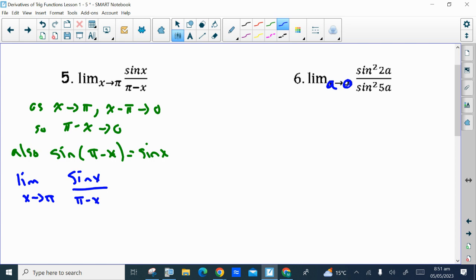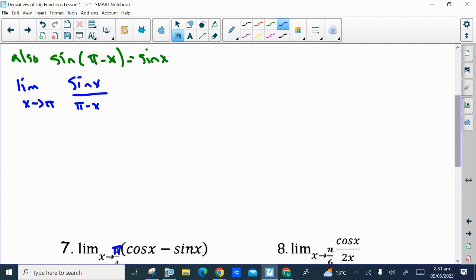We can change it to the limit as pi minus x approaches 0 of sine of pi minus x, because again we know that the sine of pi minus x is equivalent to the sine of x from that related angle identity, and we can go backwards.